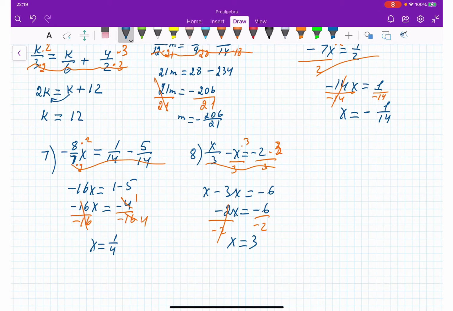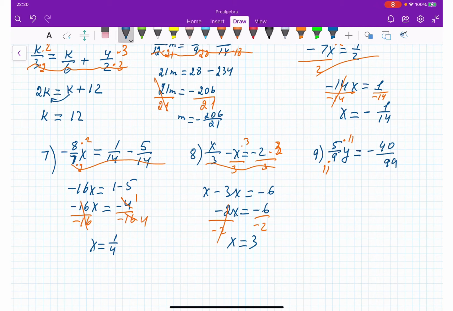Question number 9. 5 over 9y is equal to negative 40 over 99. Thank God 99 is divisible by 9. Otherwise I had to look around for common denominator again. Okay, so here we multiply by 11, here multiply by 11. The other one we don't touch.